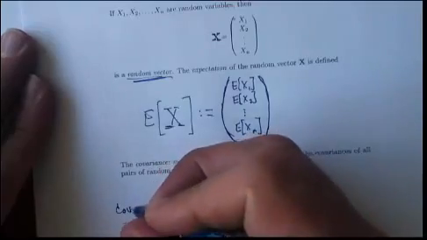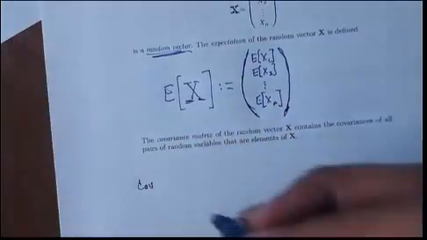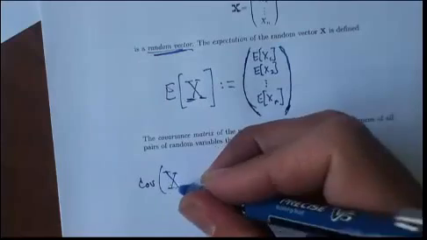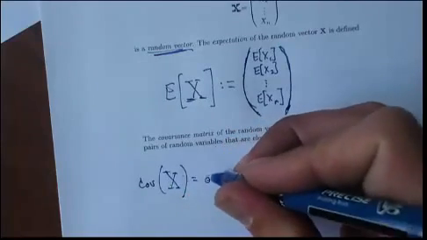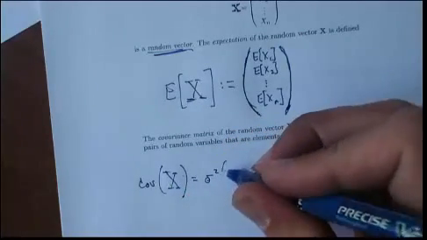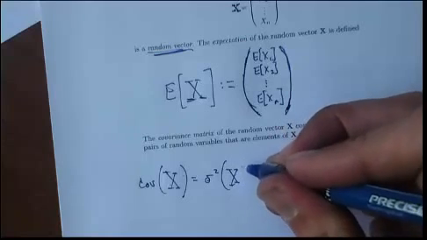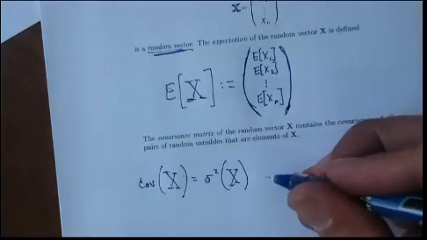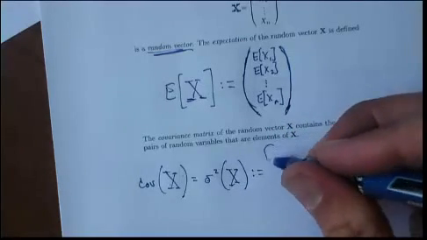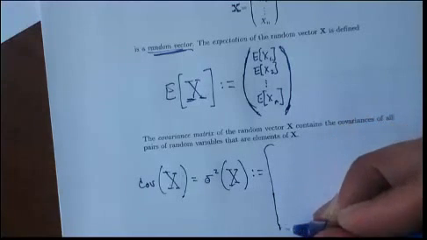I could write the covariance of this random vector, and you might see it expressed as sigma squared of x, or with the x in the subscript maybe, but it's just defined to be the matrix of covariances.